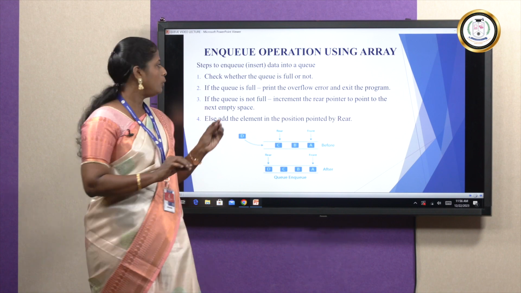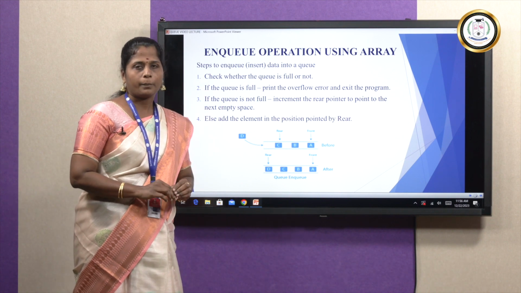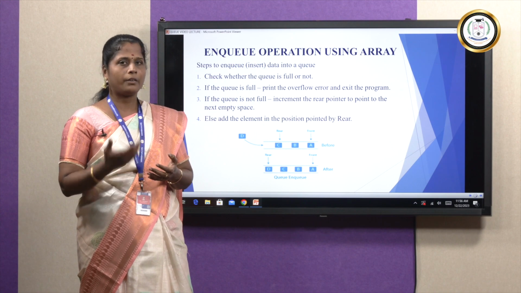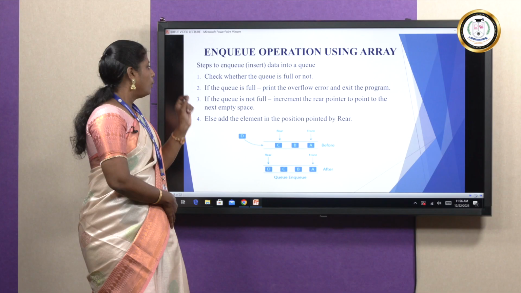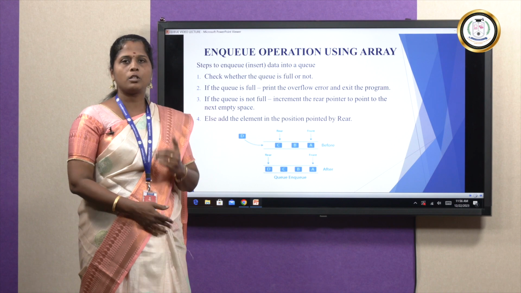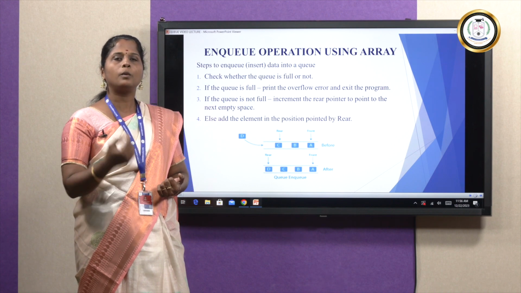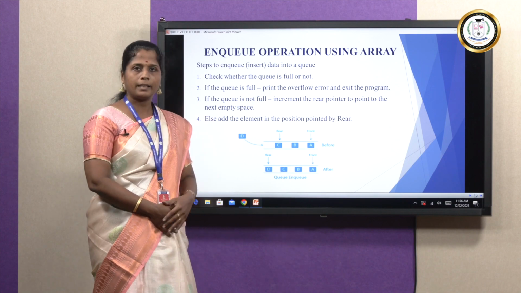So to insert the first element, we need to increment both the front and rear variables. If our queue is neither full nor empty, only the rear will be incremented. We won't disturb the front because elements are inserted only at the rear end. So the rear value alone will be incremented.